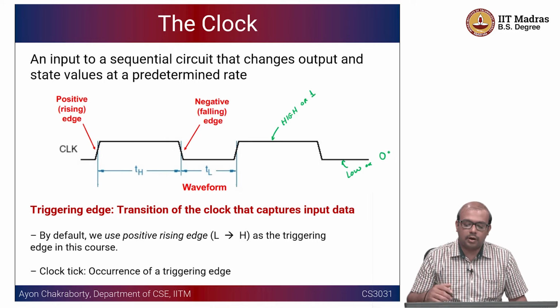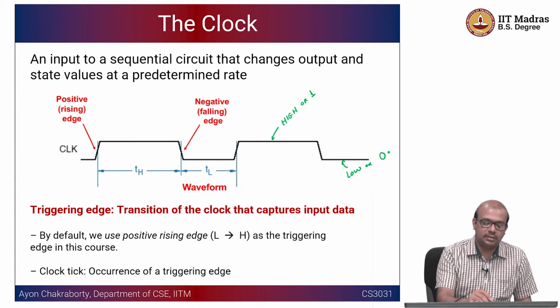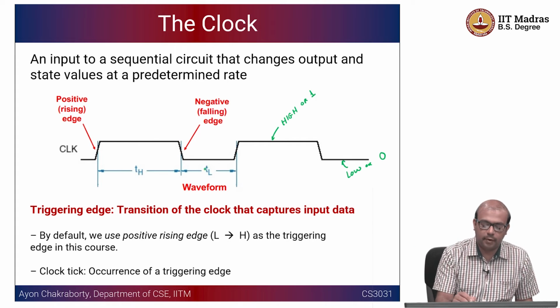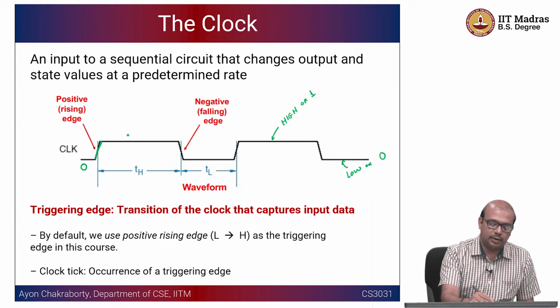So this clock can operate at a certain predetermined rate. So you are seeing the waveform. They have two parts, right? One is this positive or rising edge. Once you have a value of 0 and it wants to go to a value of 1, this is something which is called the rising edge.